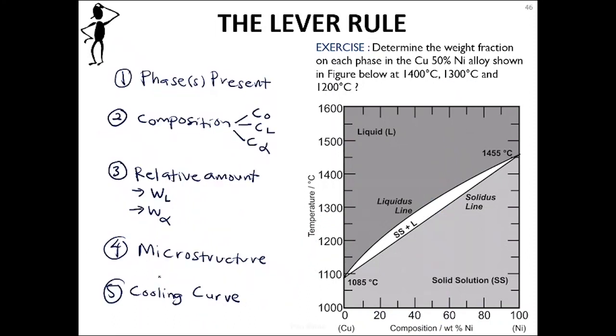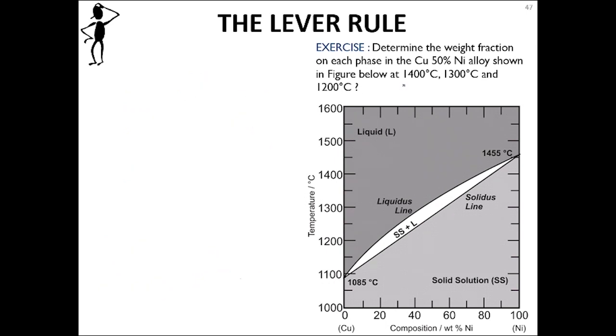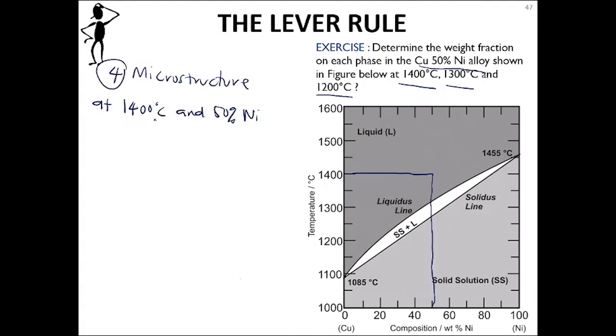Now with the same example, we try to solve the fourth step, which is microstructure. I will show you how to get the microstructure for 1400 degrees Celsius, 1300 degrees Celsius, and 1200 degrees Celsius at 50% copper nickel alloy. At 1400 degrees Celsius and 50% of nickel, the phase over there is liquid.